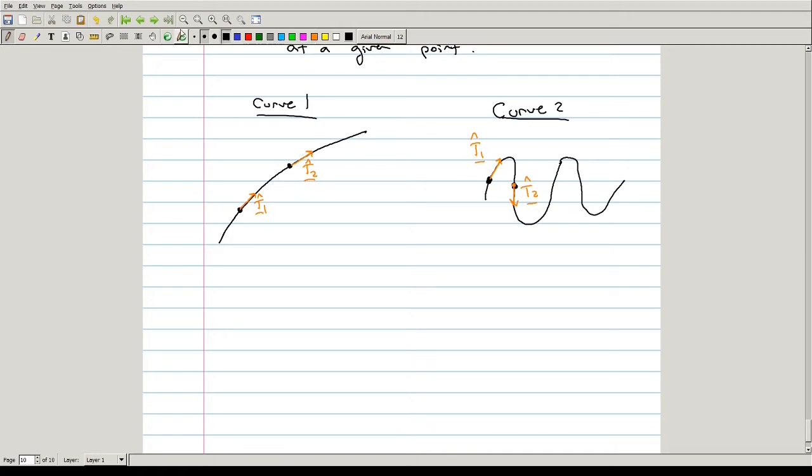Well, if we're comparing curve 1 to curve 2, curve 1 has a low curvature, because there's a small change in the unit tangent vector per unit length.